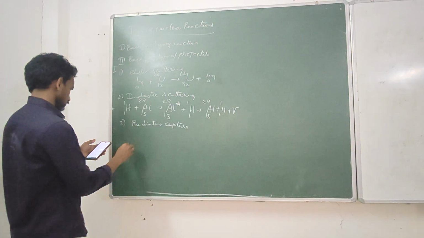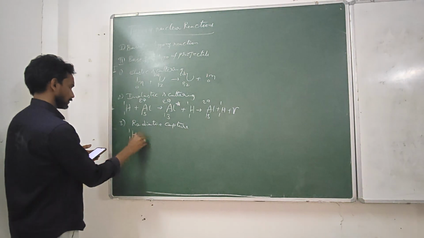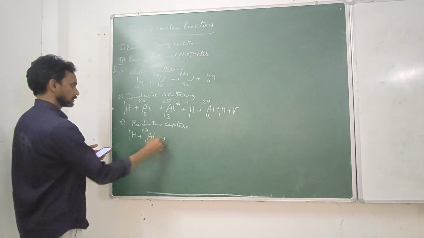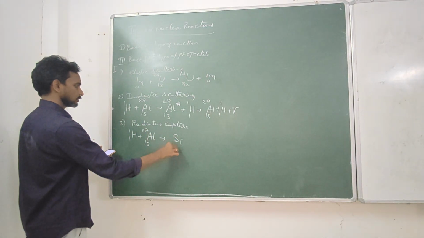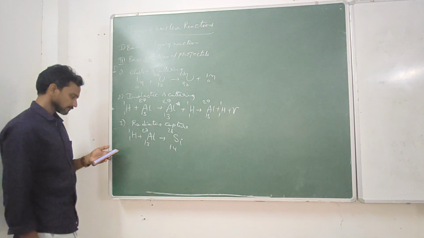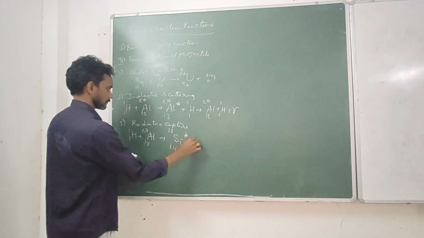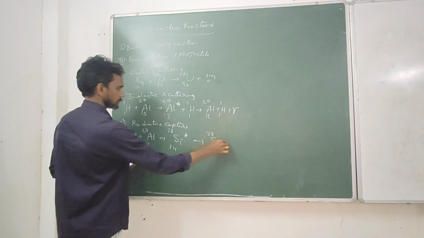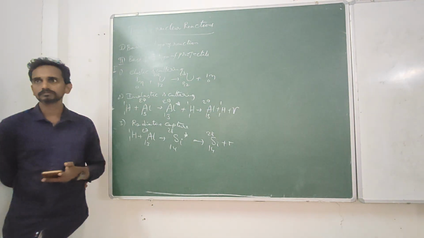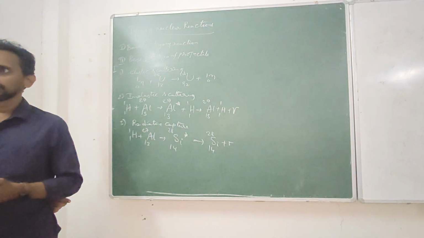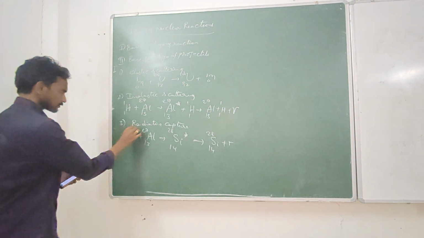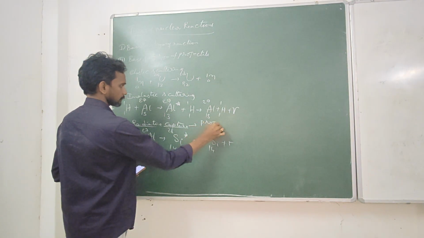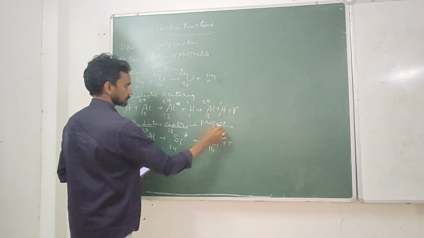So the same reaction H11 plus Al1327 gives you silicon 1428 star, which in turn gives you silicon 1428 plus a gamma ray. So radiative capture means the projectile is captured, releasing a radiation.